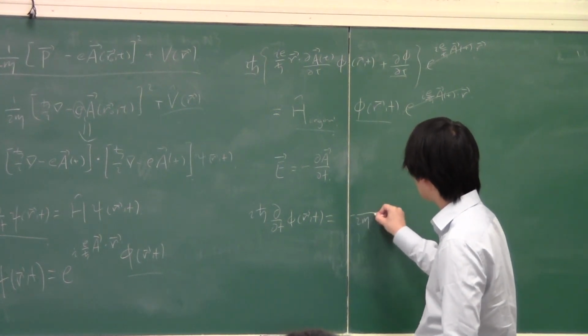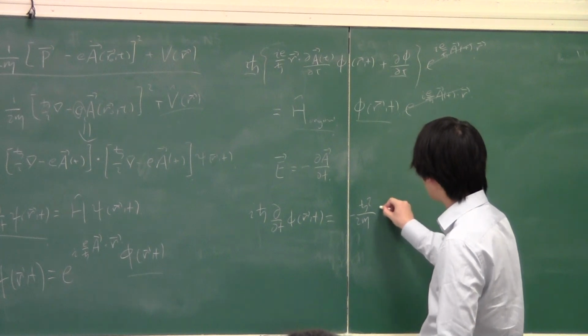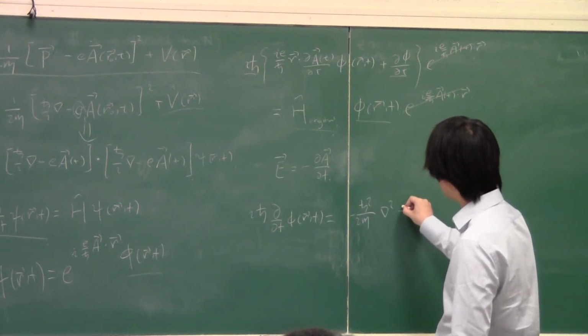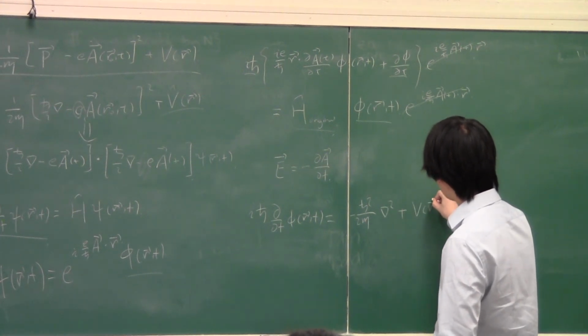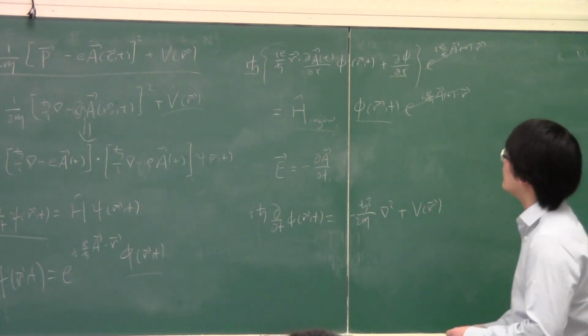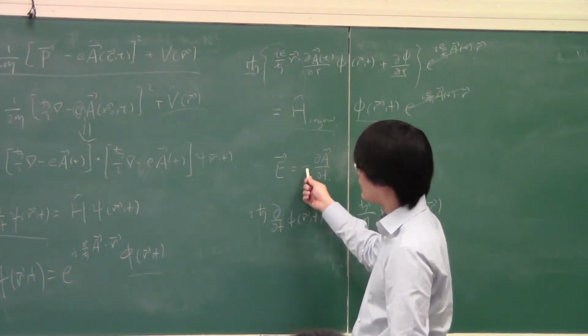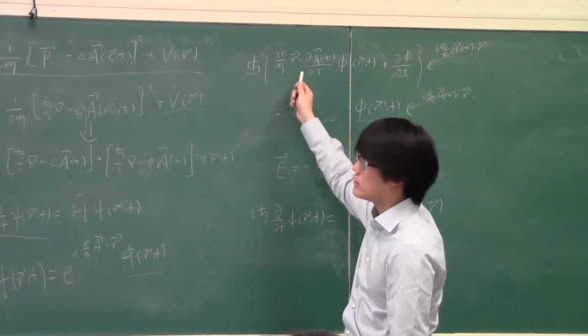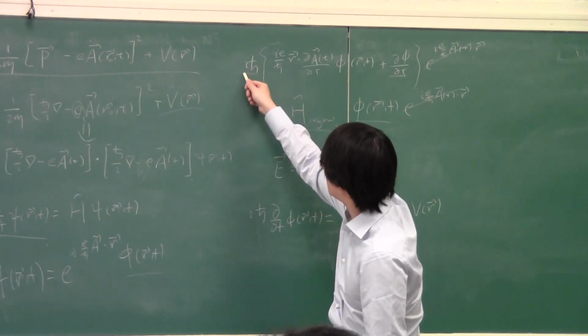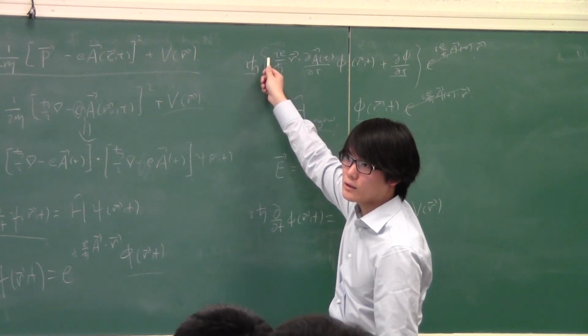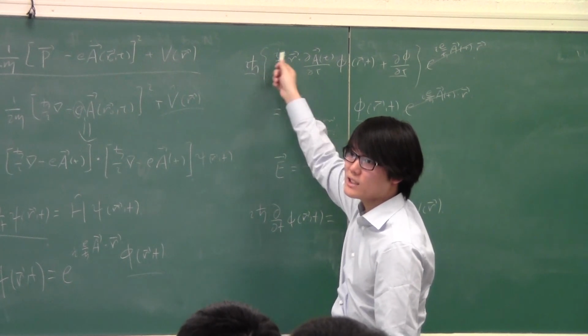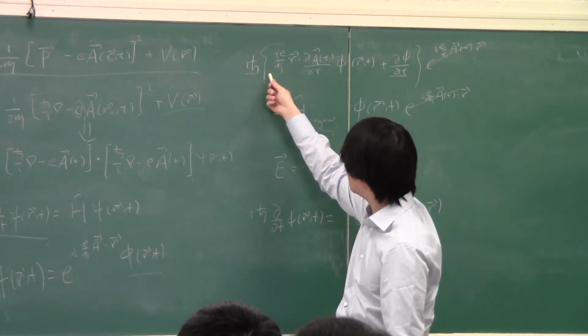minus. And then what you see is there's a minus sign here. If I plug it in, there's a minus sign, but then there are I and I, so that's another minus sign, so that's a plus sign. So on this side is a plus sign.